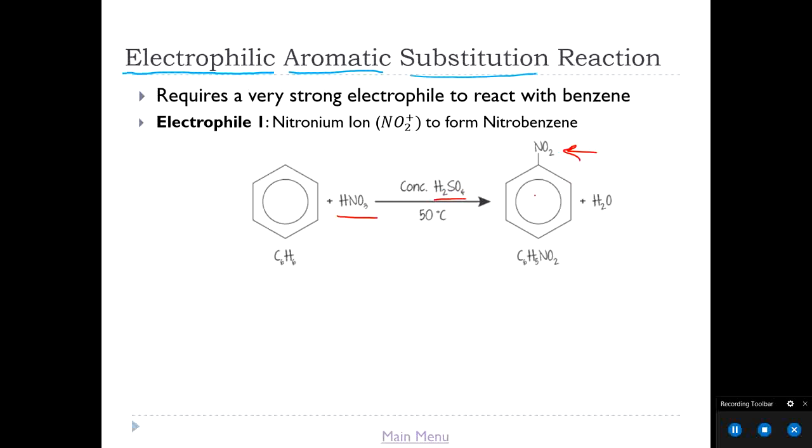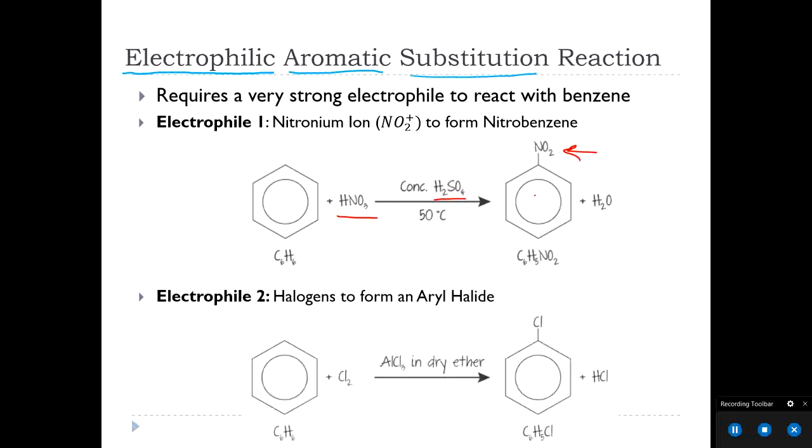The second reaction is we can use halogens to form an aryl halide. So aryl halide being an arene or a benzene ring with a halogen substituted on it. So we take our chlorine, okay, and we have to use an AlCl3, so an aluminum chloride catalyst, in dry ether.